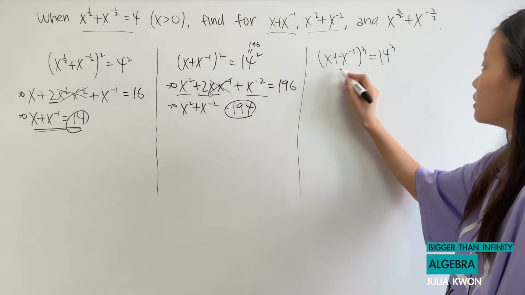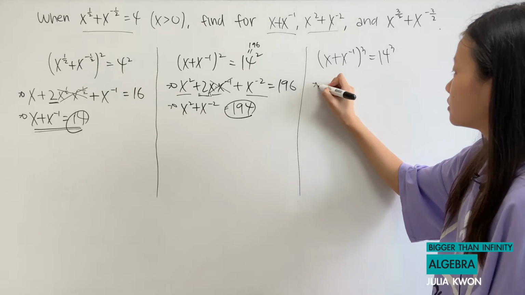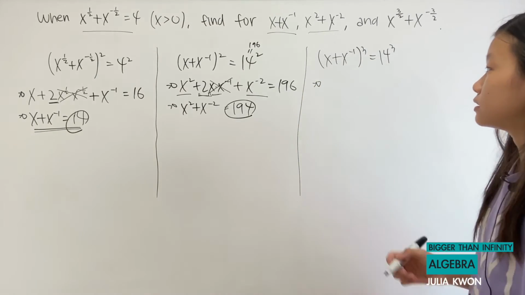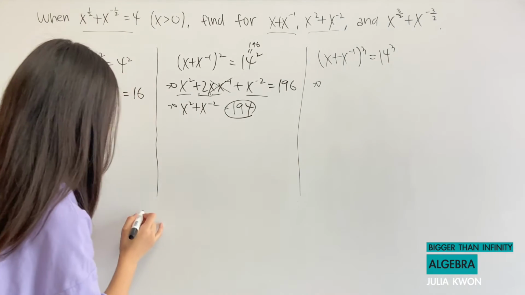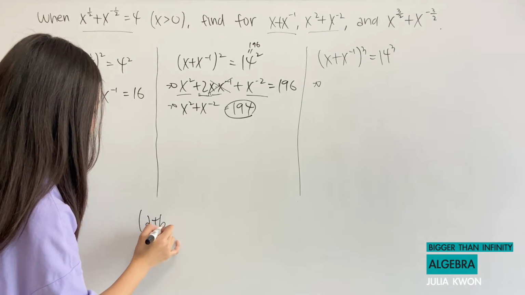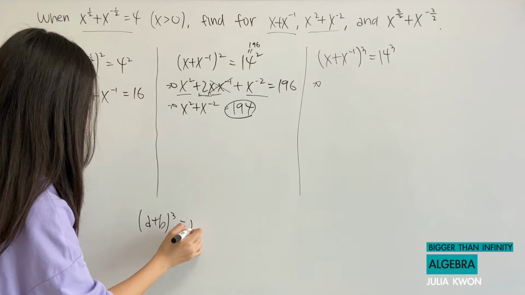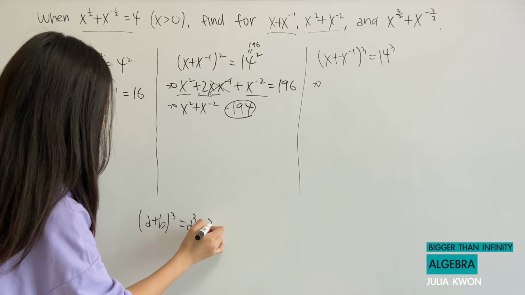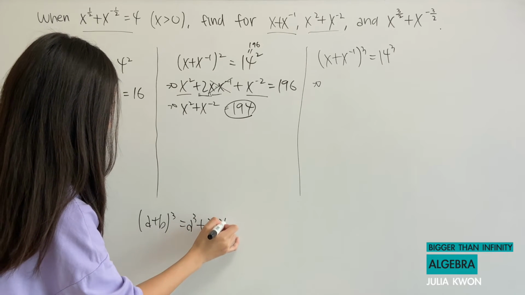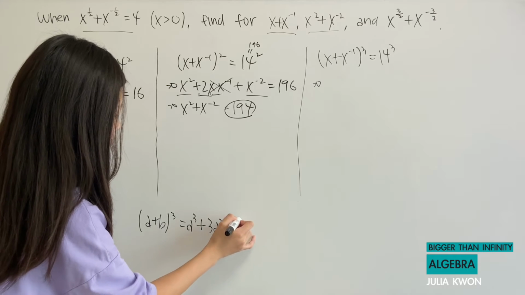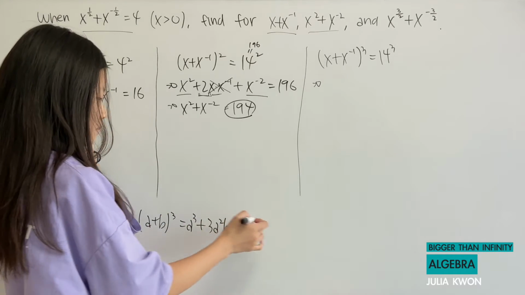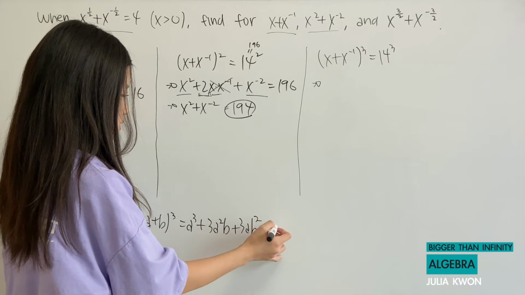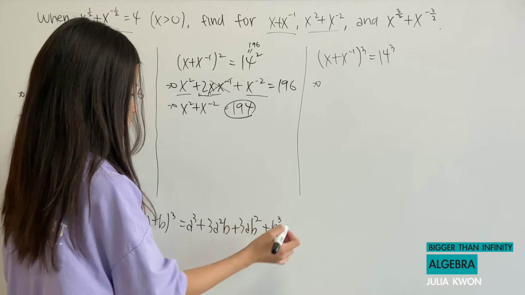And if we cube this, then using the formula, a plus b to the power of 3 is equal to a to the power of 3 plus 3 times a to the power of 2 times b plus 3 times a times b to the power of 2 plus b cubed.